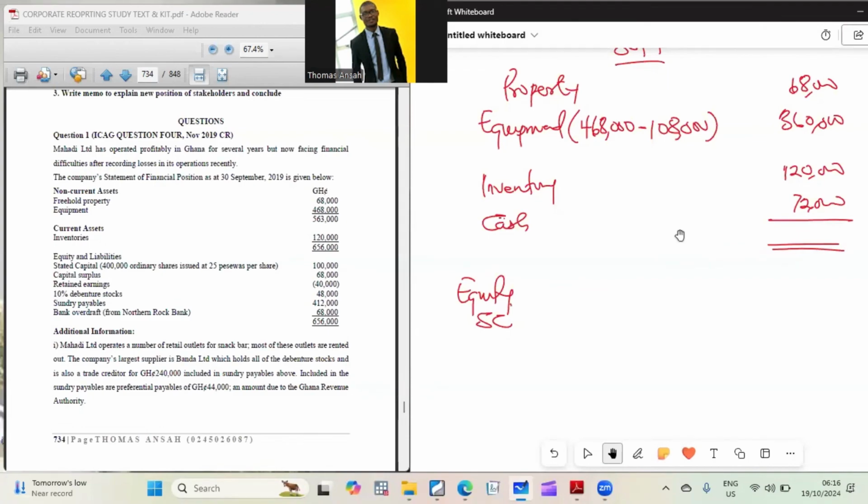That's the beauty of capital reduction. Total assets is 620,000. All right.